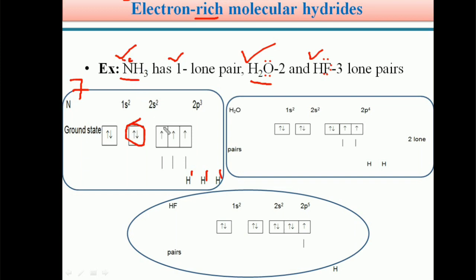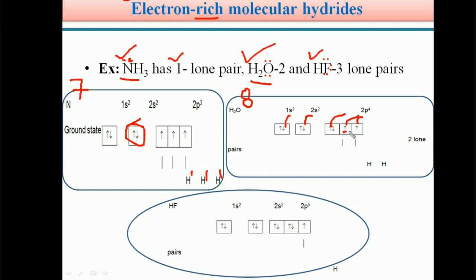Similarly students, if you see water molecule, oxygen atomic number is, we know very well, 8. Its ground state electronic configuration is 1s2, 2s2, 2px2, 2py1, 2pz1.